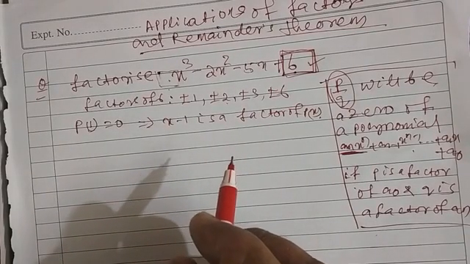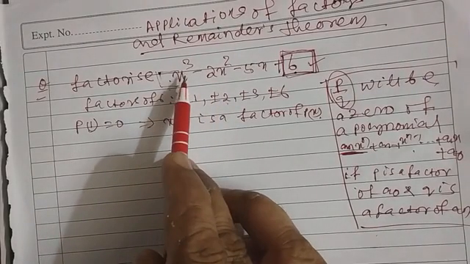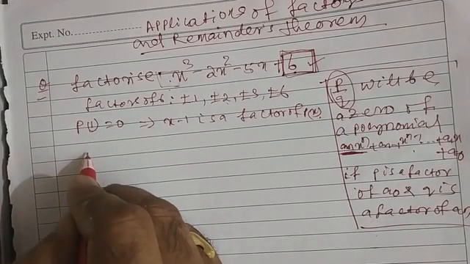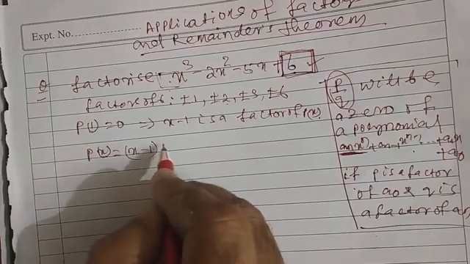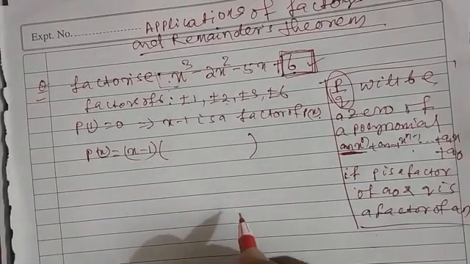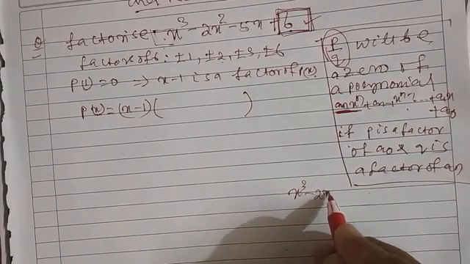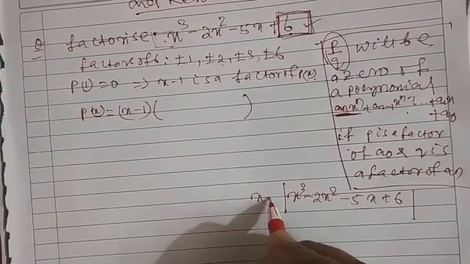Got the idea? Once you get a factor and it is cubic, then divide it. That will be easier for you. So p(x) is x minus 1 into what? Let us see. Divide it: x cube minus 2x square minus 5x plus 6 divided by x minus 1.